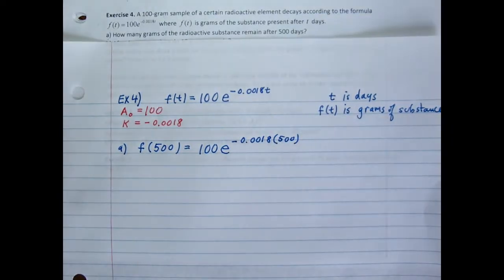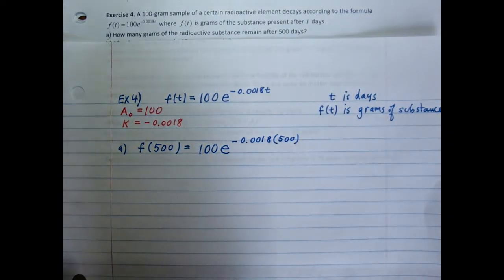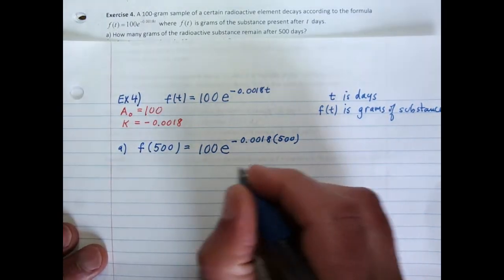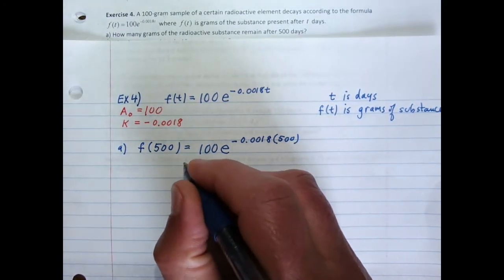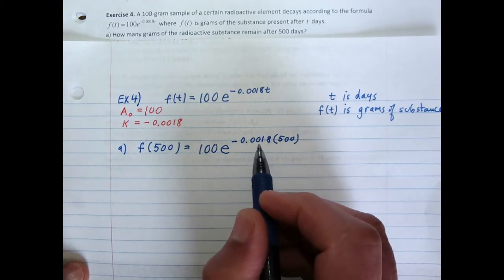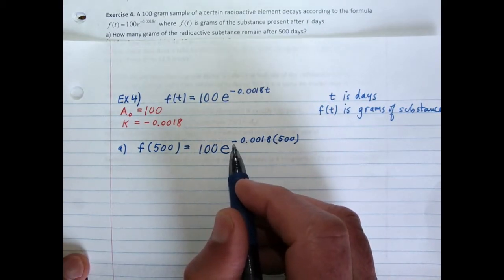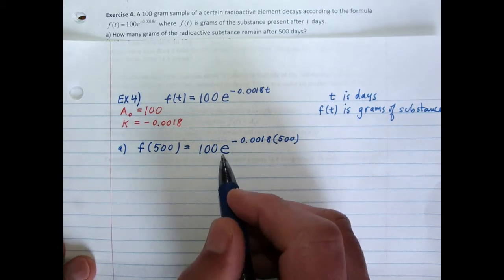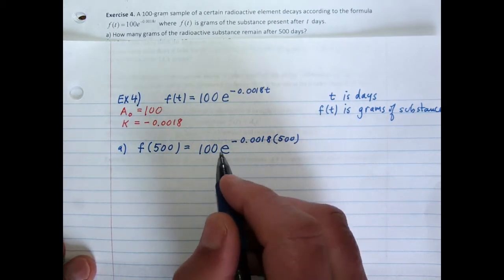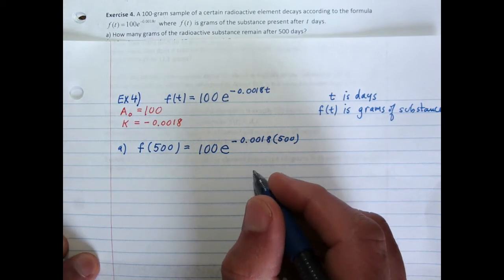Again, this is a calculator exercise, and the one thing you do have to be able to do is be careful to make sure you're entering a negative value. So when you take e to a power, you have e to a negative number.